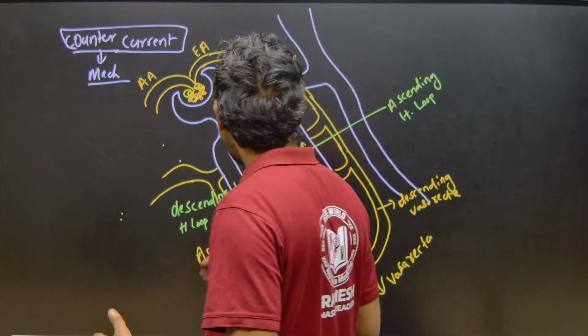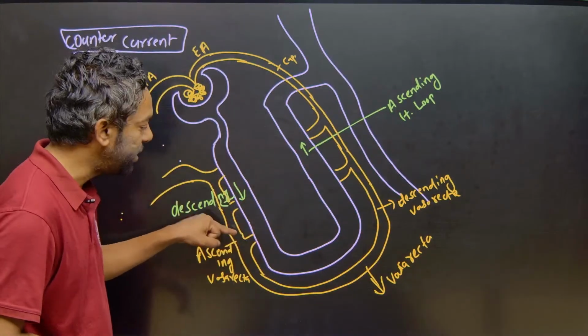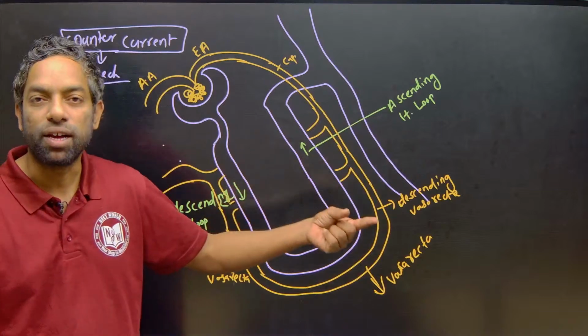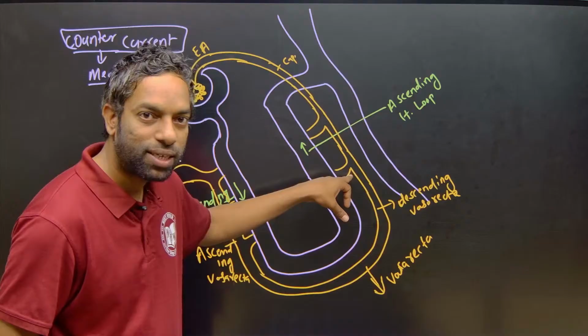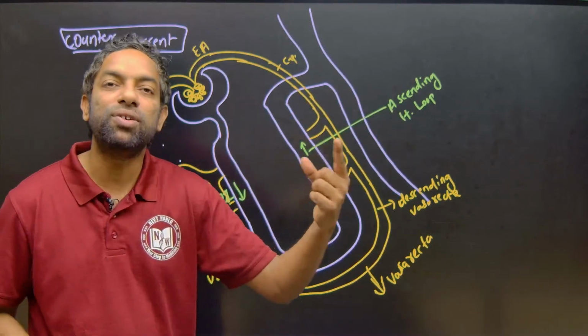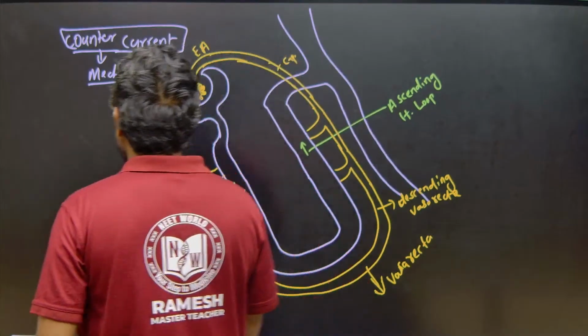The proximity of the descending Henle loop and ascending Vasa recta is also a counter current. The proximity of the descending Vasa recta and ascending Henle loop also has a counter current between them.